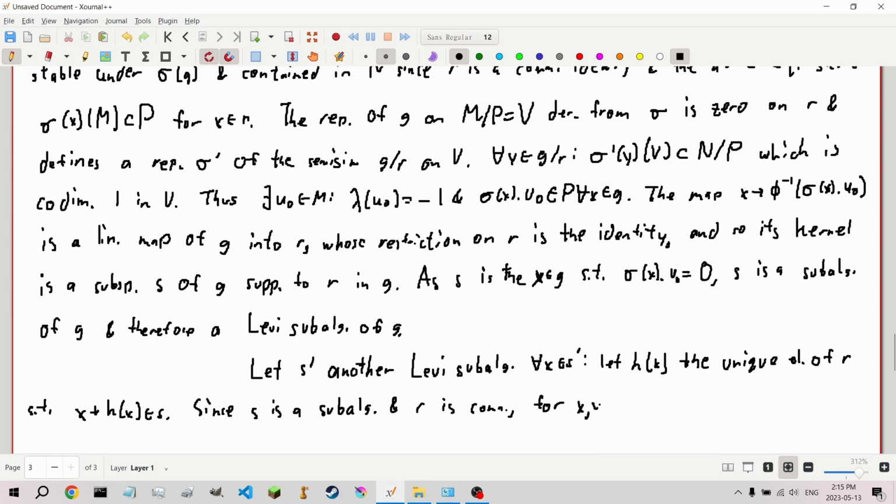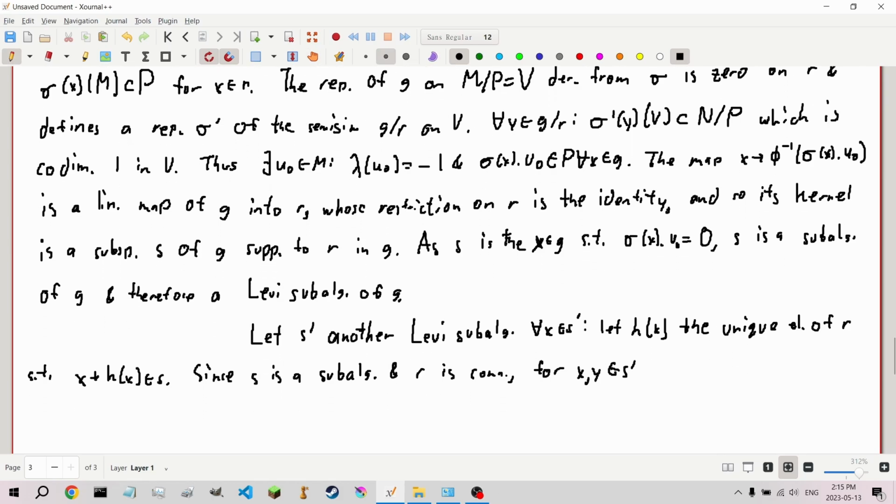then for x and y in S prime, we have that the bracket of x plus hx with y plus hy is equal to the bracket of x and y plus the bracket of x and h of y plus the bracket of h of x and y.